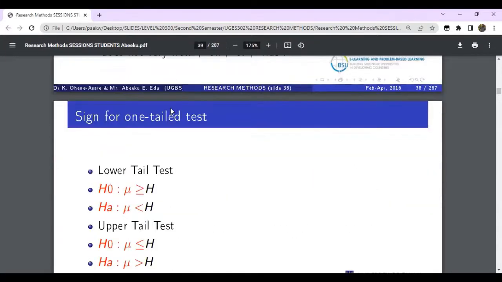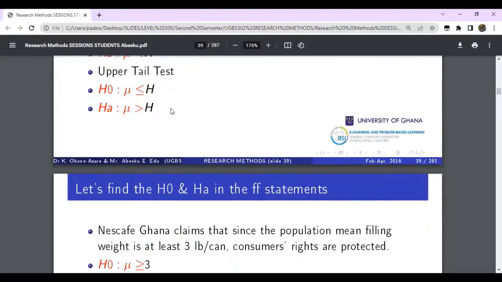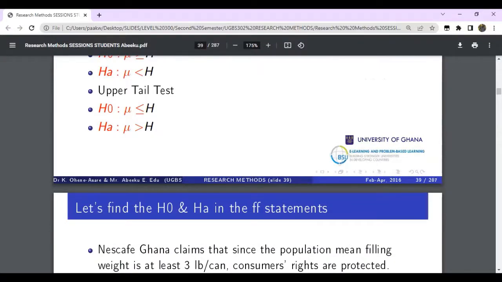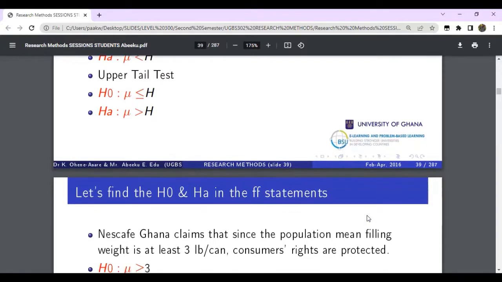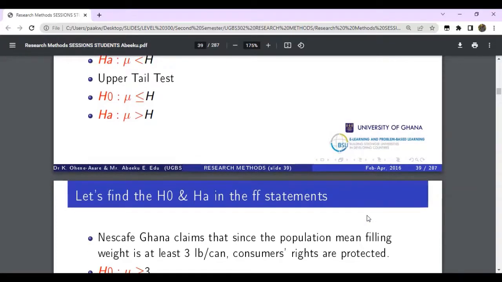So formulate that one for me. So our H0 is such that mu is at least, is greater than or equal to 3, at least 3.